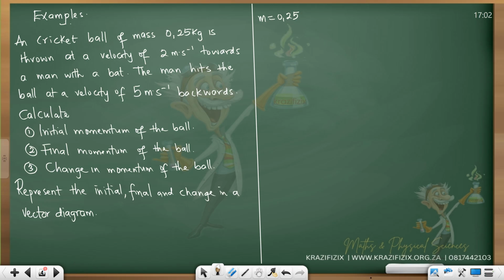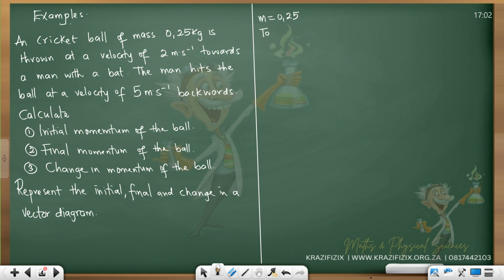I don't know whether the man is on my left or on my right, but that seems to me like an initial velocity. Why am I saying initial? Because we read on further to say the man hit the ball at a velocity of 5 meters per second backwards. That's my second velocity.